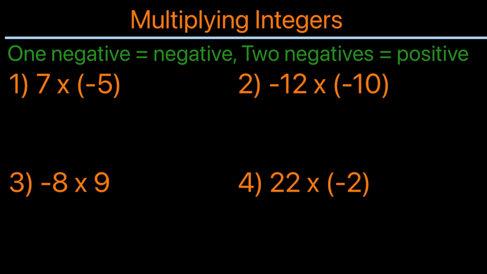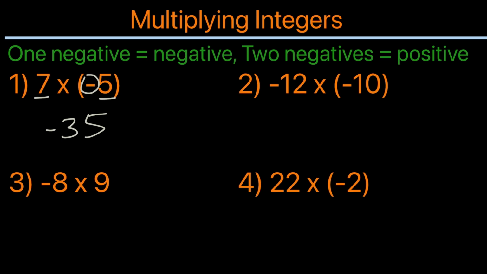For the first example, we have 7 times -5. So we can see the negative here. If we were to multiply 7 by 5, we would have 35. Now since this is a negative number, so one negative number in the multiplication means that the answer will be negative.